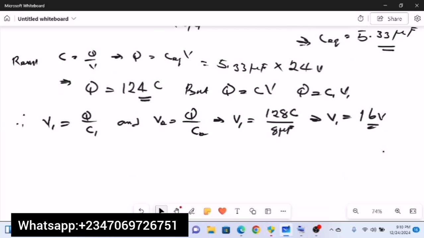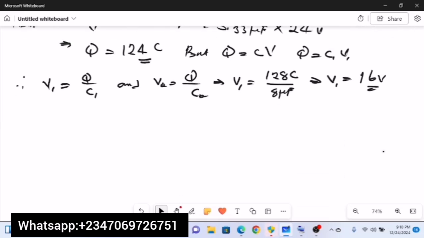So using the same formula and the same approach, we find the voltage across the second capacitor. Remember, V2 is equal to the total charge, which is 128 coulombs, divided by the second capacitor. Second capacitor is simply 16 microfarad.